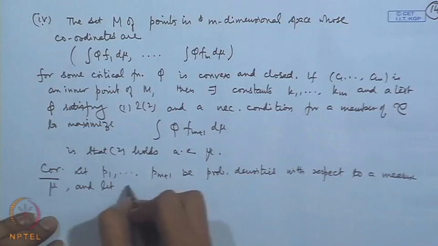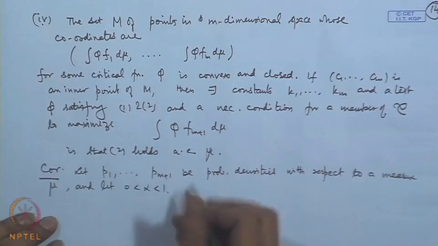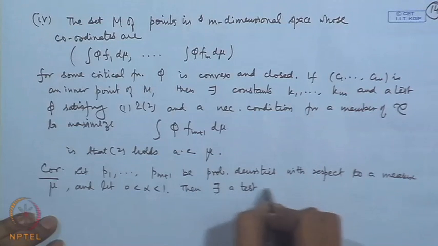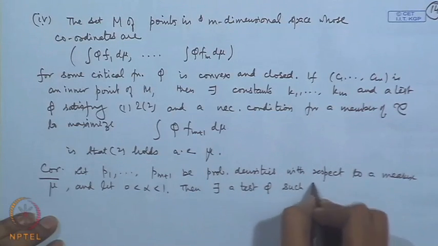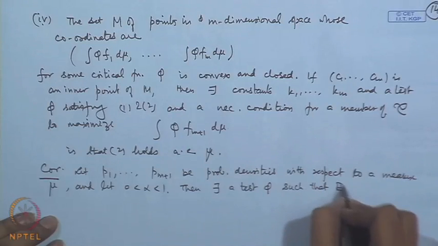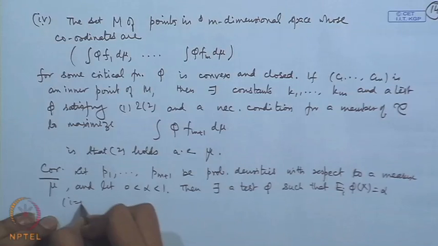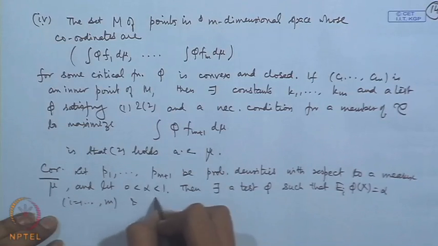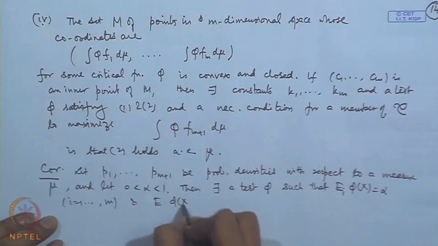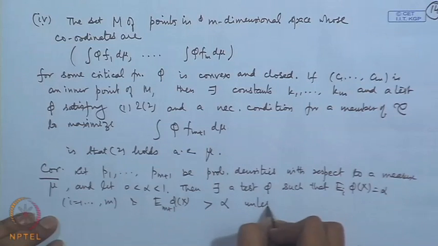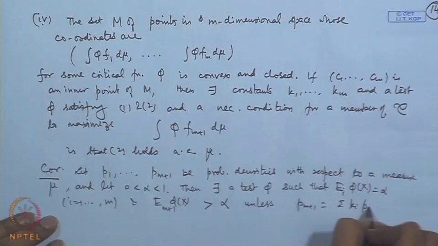And let 0 less than alpha less than 1. Then there exists a test phi such that expectation of phi x is equal to alpha for I is equal to 1 to m, and expectation of phi x for m plus 1 is greater than alpha, unless of course p m plus 1 is equal to sigma k I p I almost everywhere.